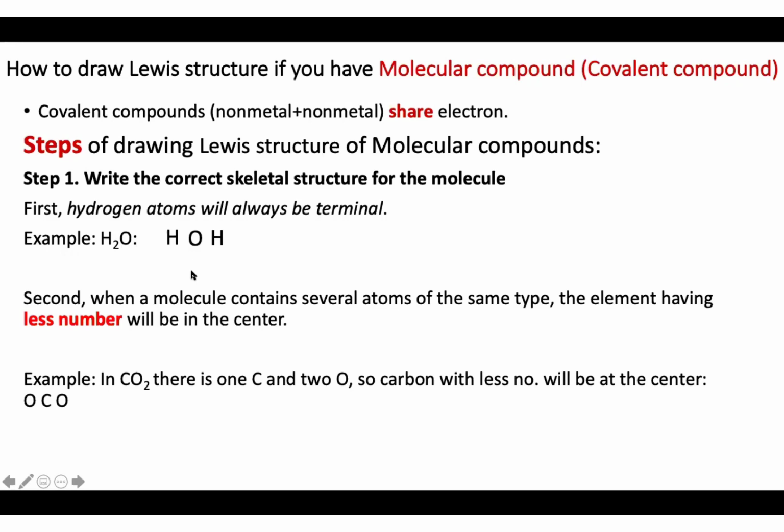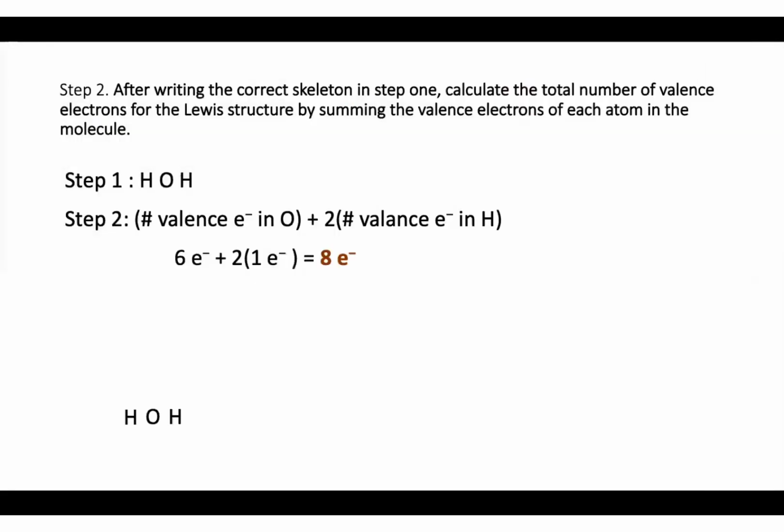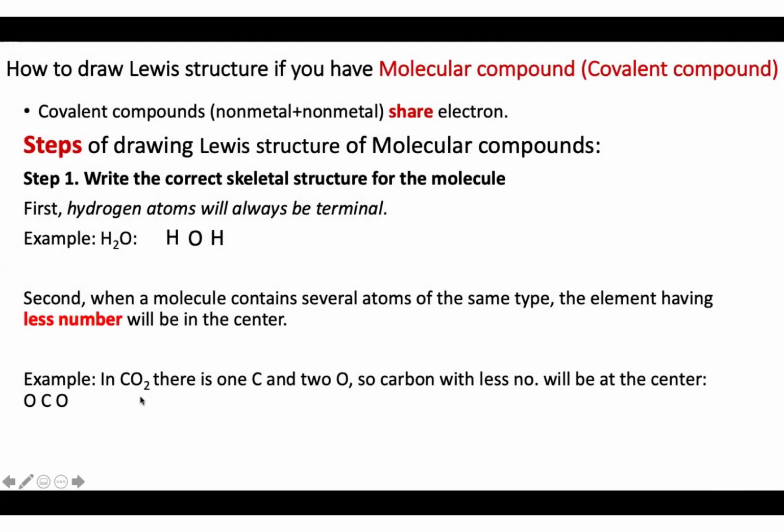That's really important, guys. For example, in CO2, carbon is 1 and oxygen is 2, so carbon will be in the center. So the first step is always to see which one will be in the center and which ones will be in the corners.